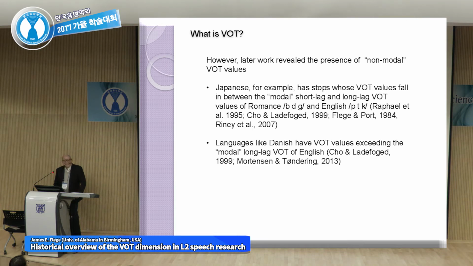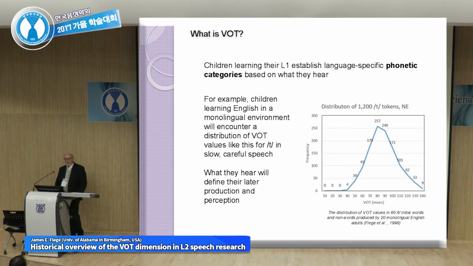Languages like Danish have VOT values that exceed the modal long lag VOT values of English, and there are many other examples. Children learning their native language establish language-specific phonetic categories based on what they hear.